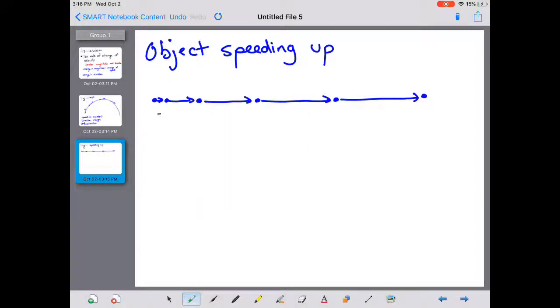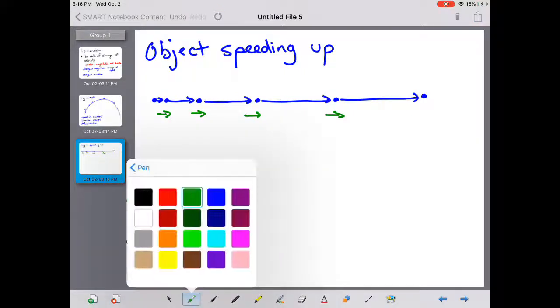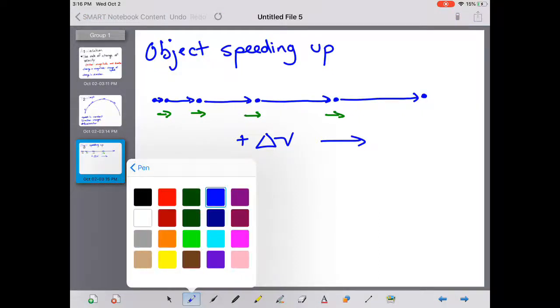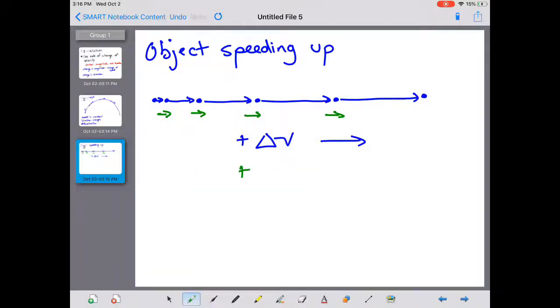That acceleration is the same magnitude the entire time, and it's pointed in the direction of the change of velocity. So here, our change of velocity was positive because it's changing in that direction. Therefore, our acceleration is positive because our velocity is increasing. An increase of velocity is due to the acceleration going in the same direction.